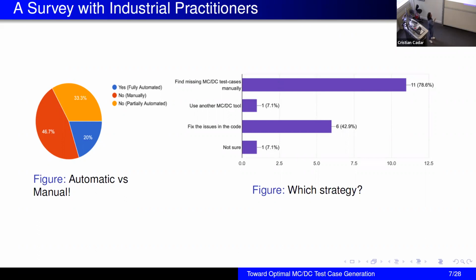Most of them said they use manual techniques to generate the missing MCDC test cases, or sometimes they fix issues in the code or use some other MCDC tool. So from this survey, we can say that there is a huge requirement of automation for MCDC testing.